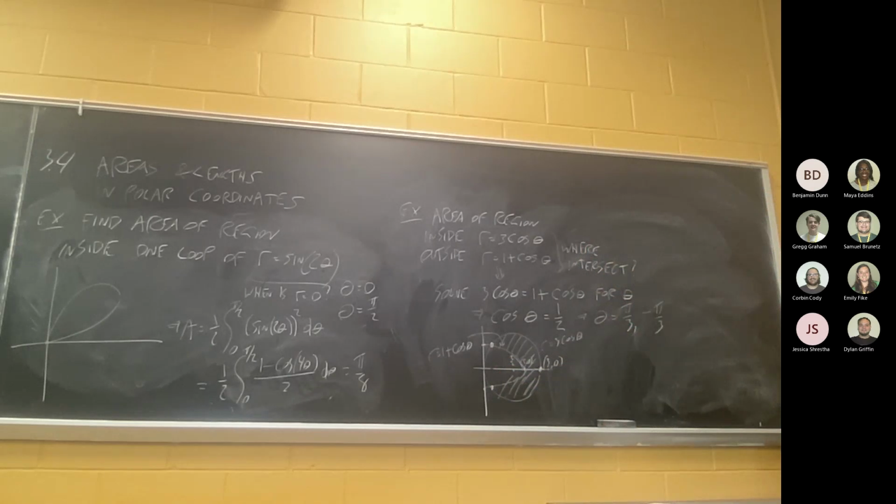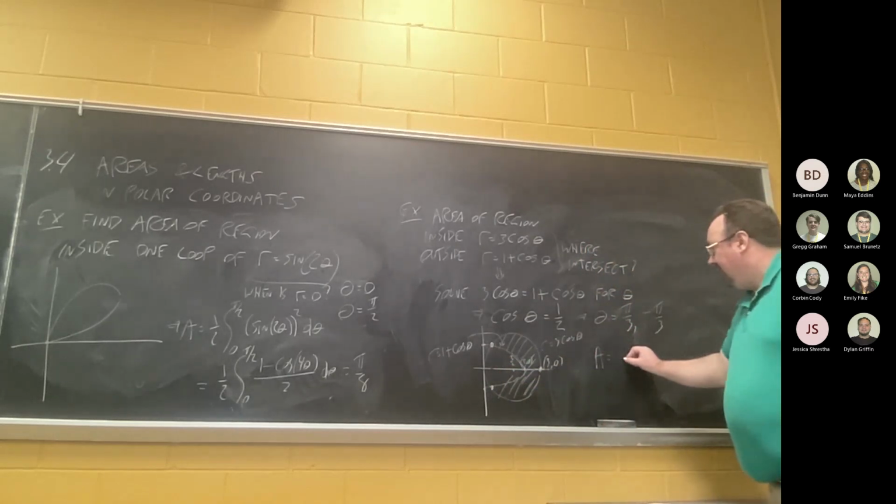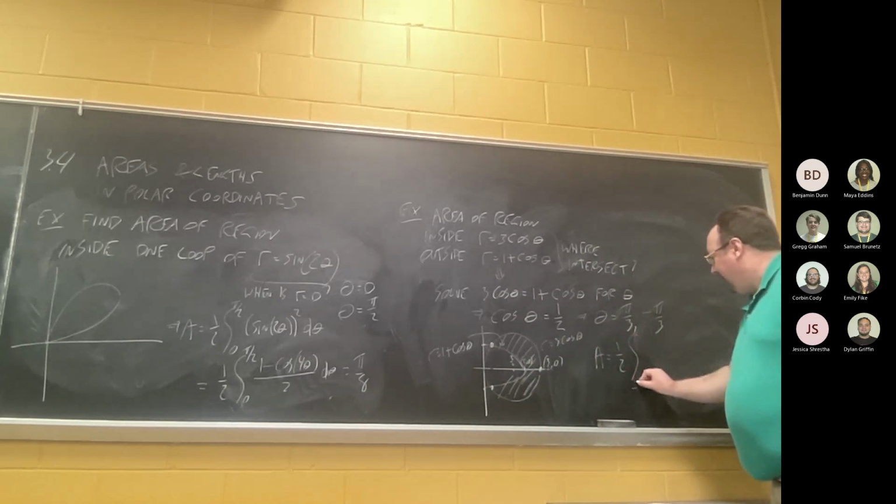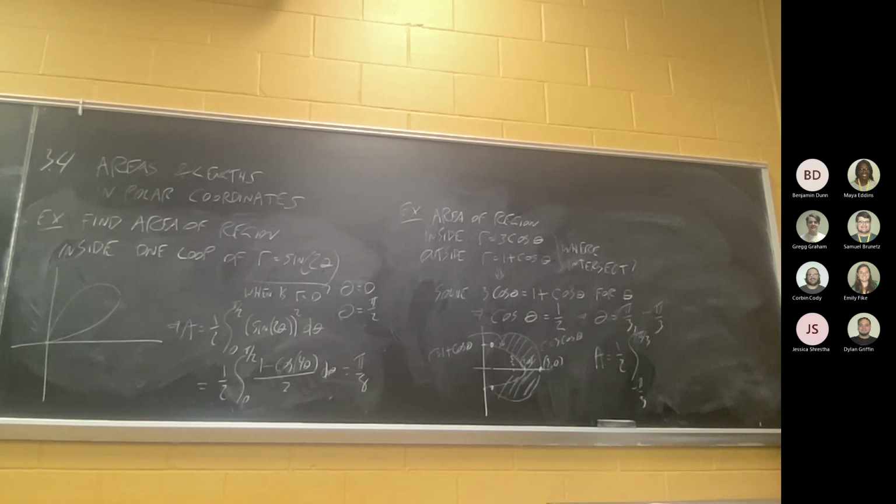So the area is 1/2 the integral from minus pi/3 to pi/3. But what do I have for the integrand? Be careful, this is the area between two polar curves. It's not exactly right minus left.